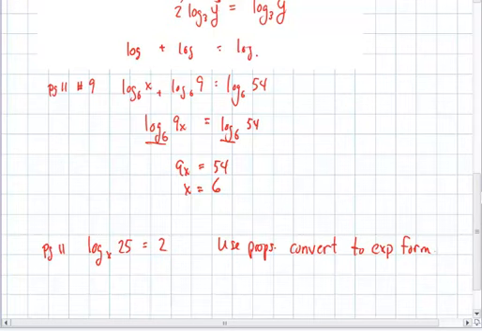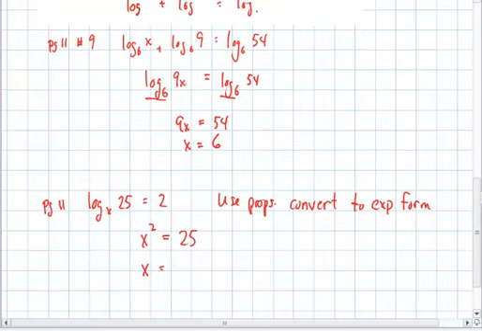In this case, you would take x raised to the second power is equal to 25. That's just rewriting the logarithm as an exponential. And x would equal 5 or negative 5, because both numbers, when you square them, would give you 25.